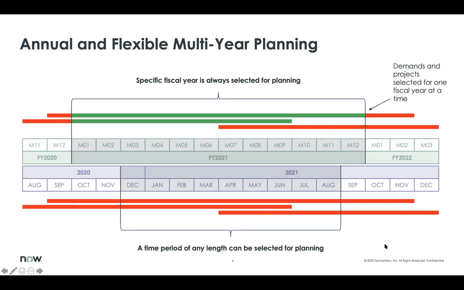Another big ask was, I want a more flexible timeline. A third big ask was that philosophy of selection. Customers wanted to make decisions for the entire lifespan of the project, not just for one fiscal year. And a lot of organizations do work that way.